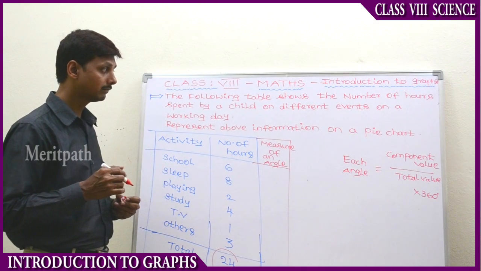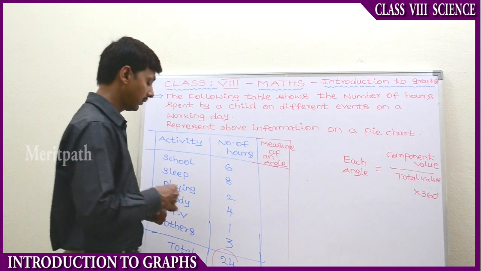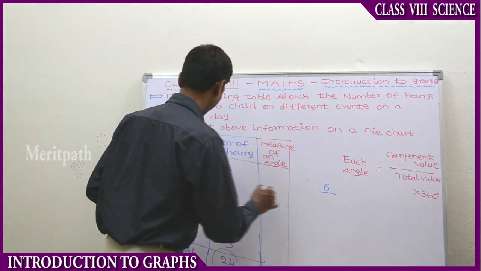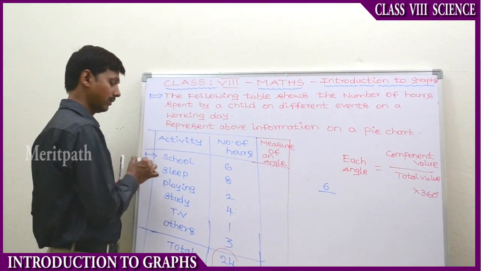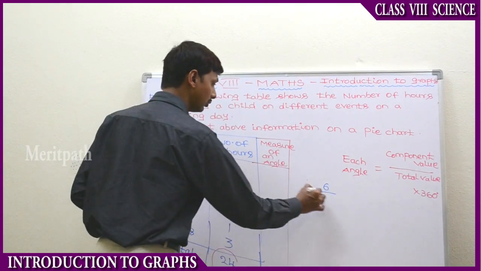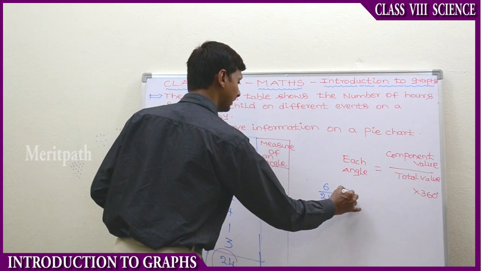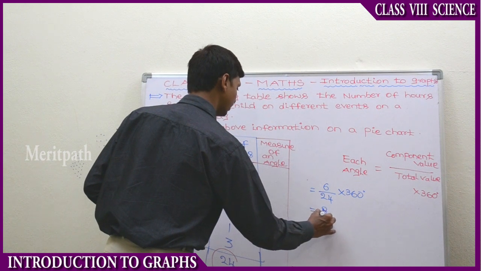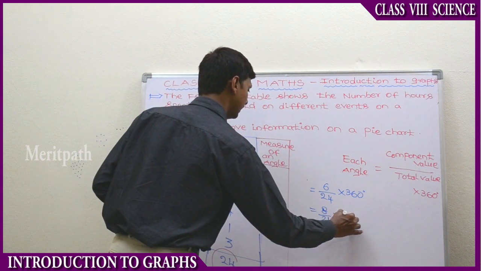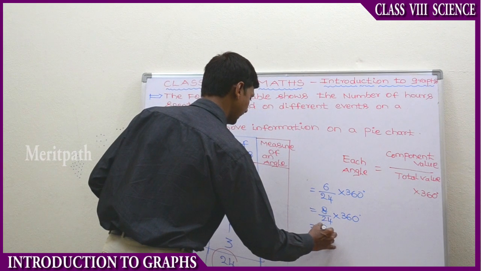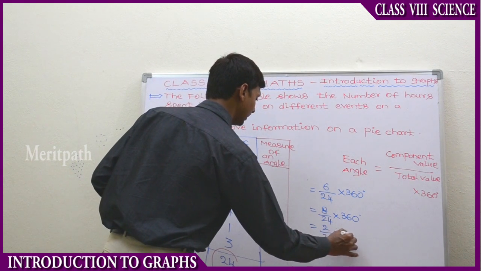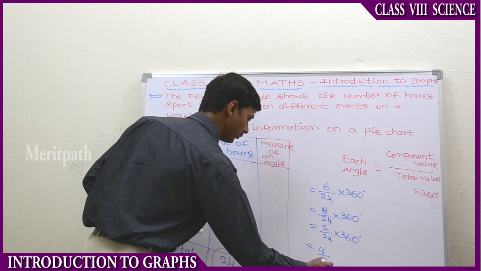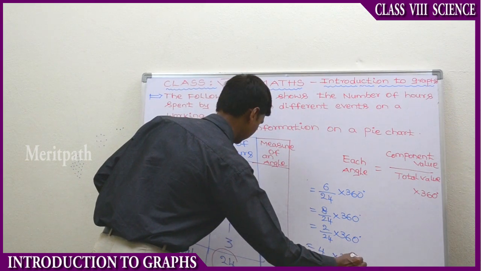For the first one, the component value is 6, so 6 by the total value 24, into 360 degrees. Second one, 8 by 24 into 360. Then 2 by 24 into 360, and the next one is 4 by 24 into 360.